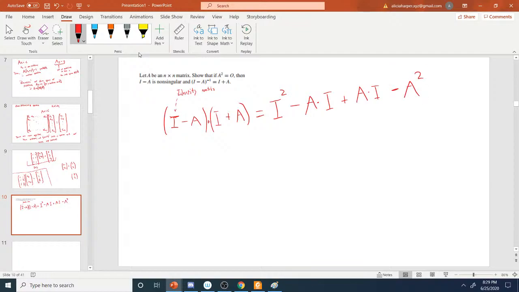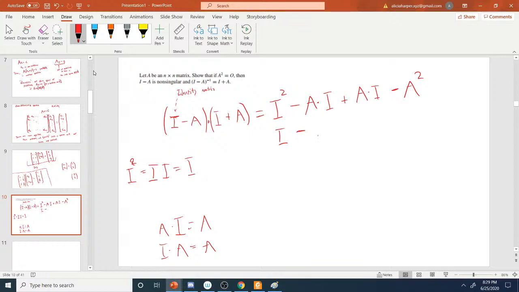Well, I'm going to use a bunch of facts here. One fact is that if you multiply the identity matrix by the identity matrix, this is I squared, and it's just equal to the identity matrix. So this just becomes I. If you multiply any matrix by the identity matrix, you get your matrix back, and it doesn't depend whether you multiply on the left or the right.